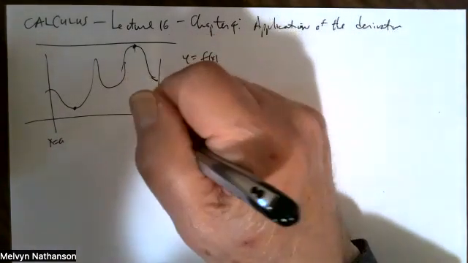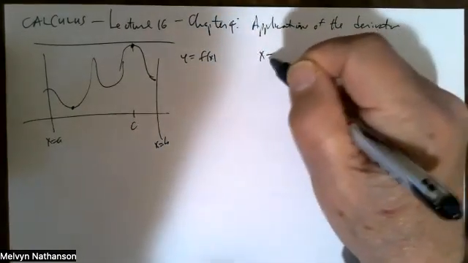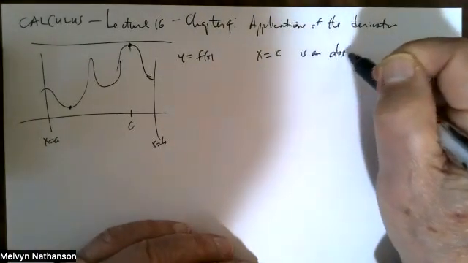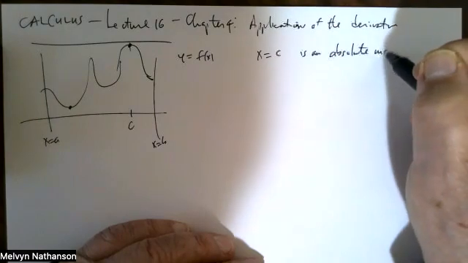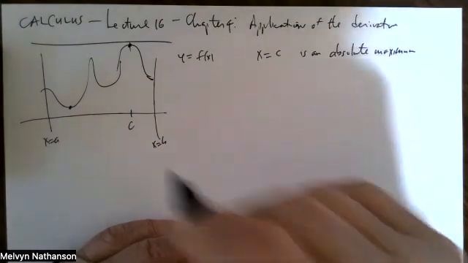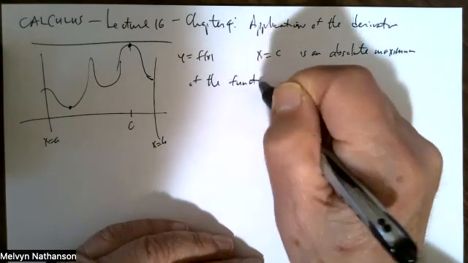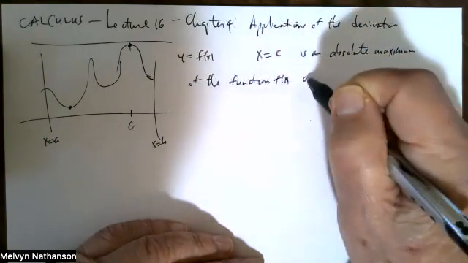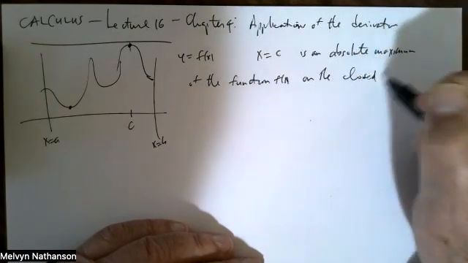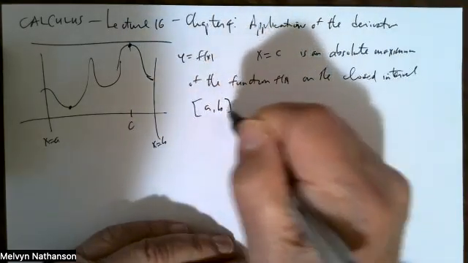So let's say this is the point C. X equals C is an absolute maximum of the function f of x on, in this case, the closed interval, square brackets AB.